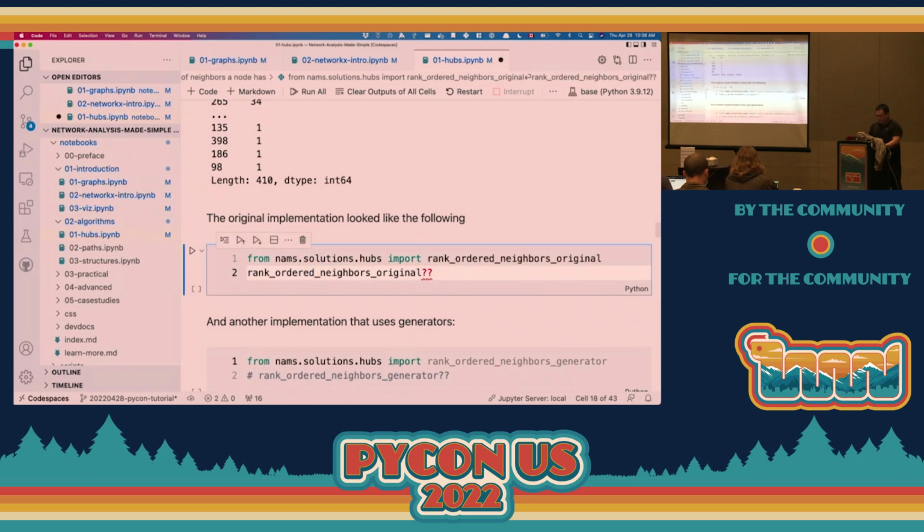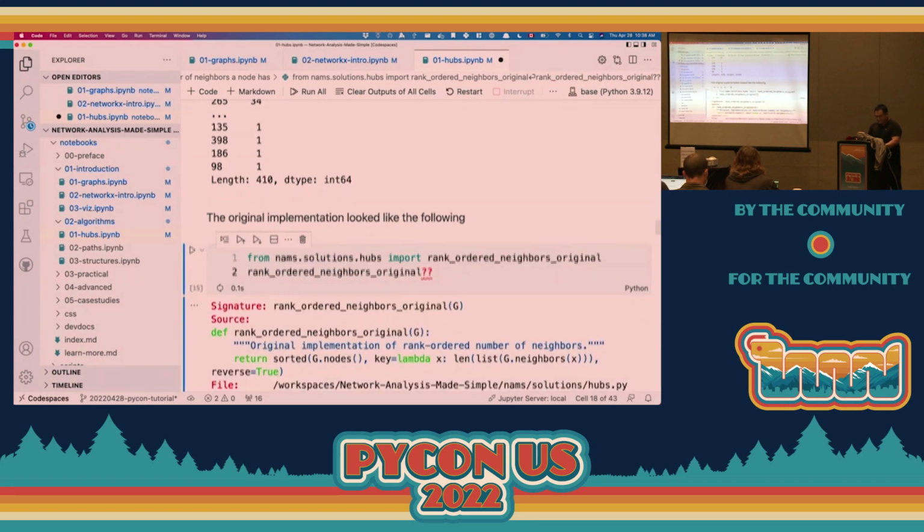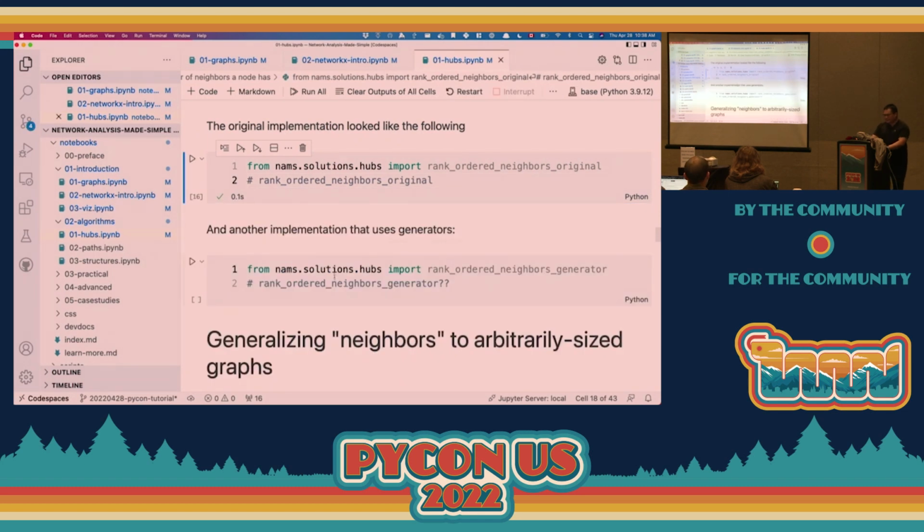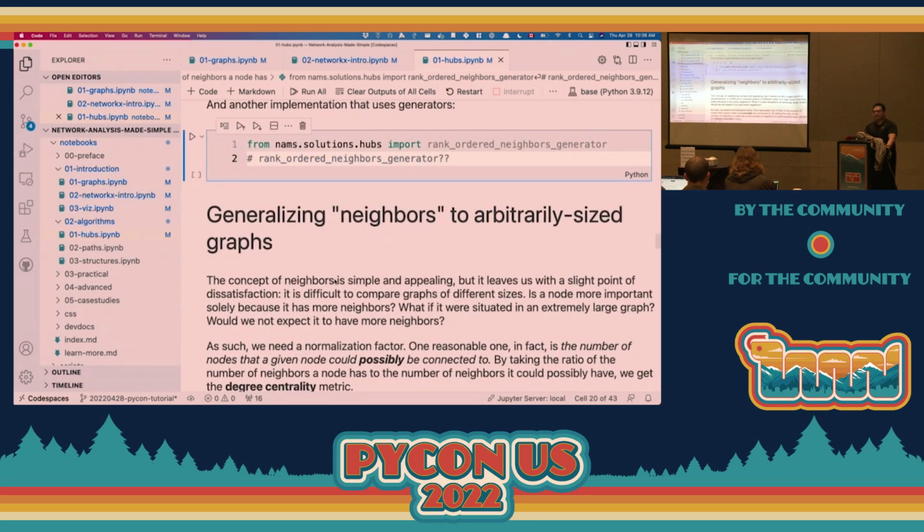If you want to look at what the original solution looked like, it looked like this, right? And you can imagine why people are going like, what? What are you doing here, right? So it involves anonymous Lambda functions and the likes, and not really the most learner-friendly implementation. There's also one that is a generator-based way of handling the problem.